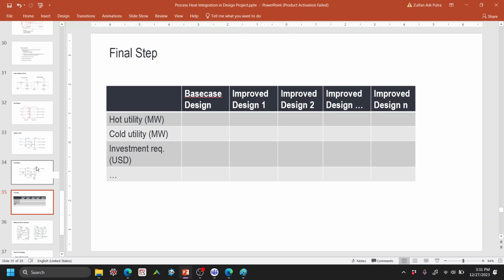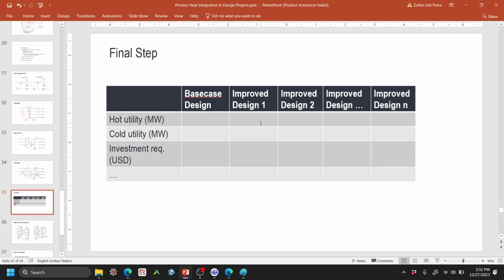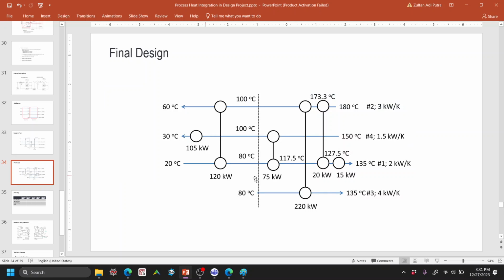Say for example you design only this heat exchanger, and then you can calculate the opex and capex, and put that as option one. And then you can split this into other designs. Say option one is only using this heat exchanger, option two you apply these two exchangers, option 3 you apply these 3 exchangers, and option 4 you apply these 4 exchangers, right?